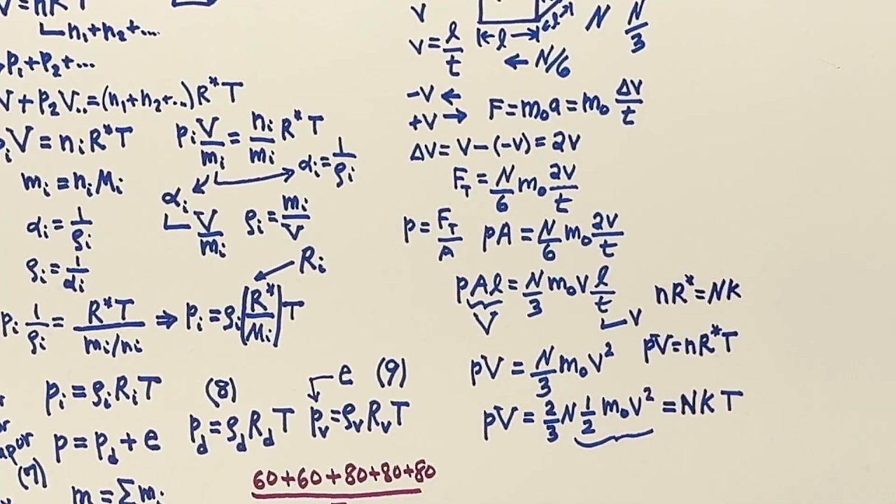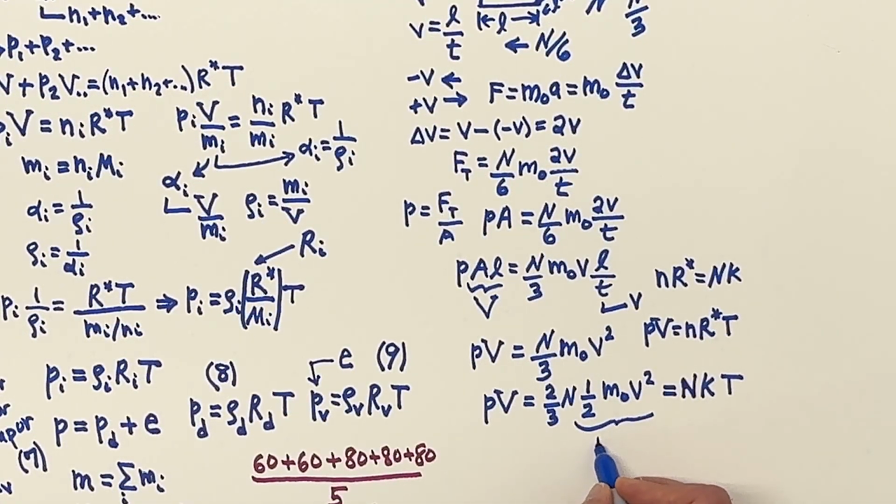You have a different constant depending on whether you want to think of moles or number of particles. So here, let's write down 1/2 m naught v squared, the kinetic energy. And let's note that the n's cancel, and if I bring this over to the other side, I would have 3/2.